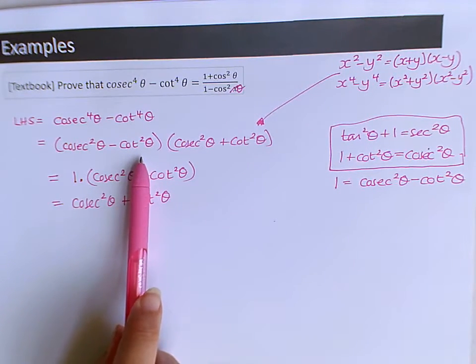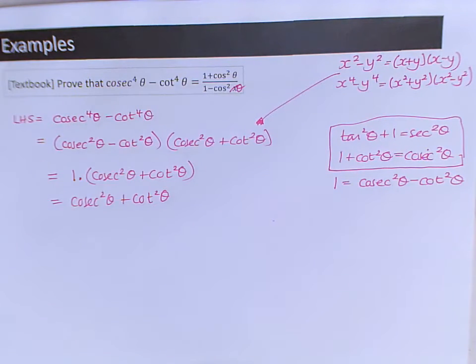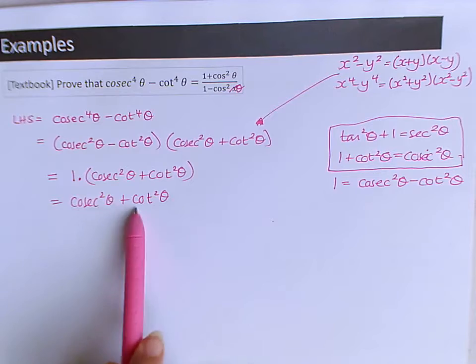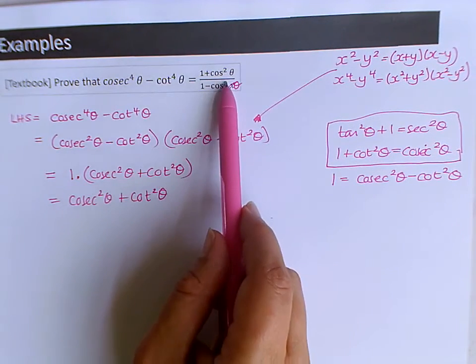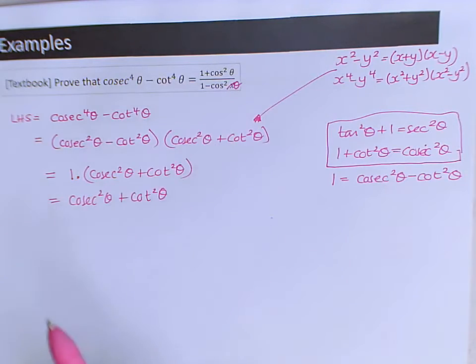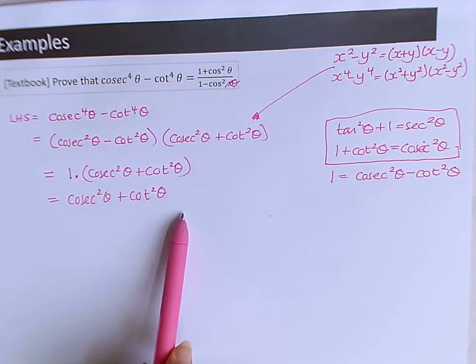Now, I want to look at this because when you're doing a trigonometric identity, and it's the same at AS, have a look at the answer to give you a clue of where to go. These here, this is cosec and cot. This is in terms of cos. So I'm going to need to put these in terms of sine and cos.